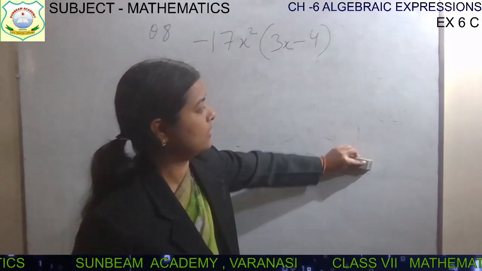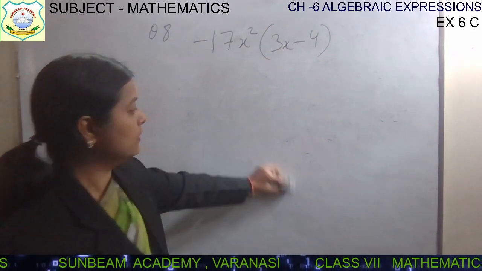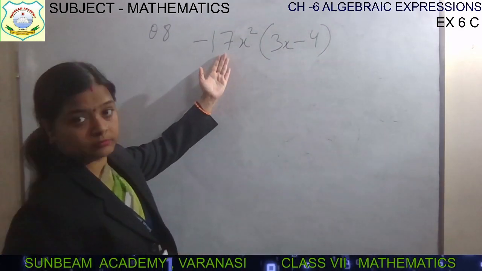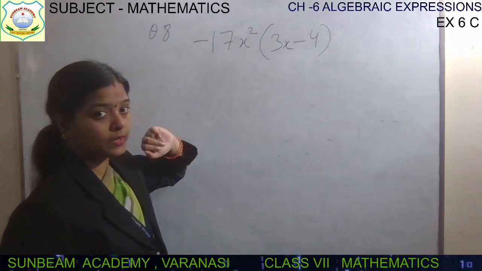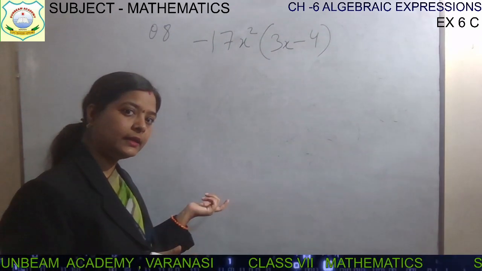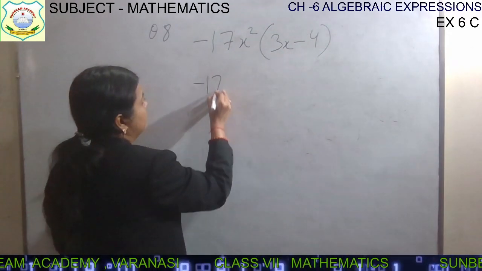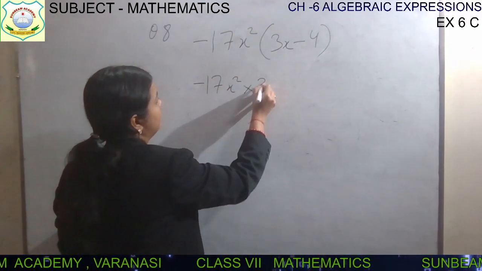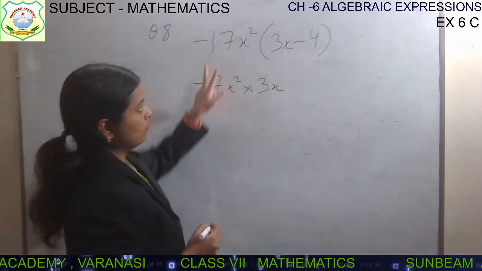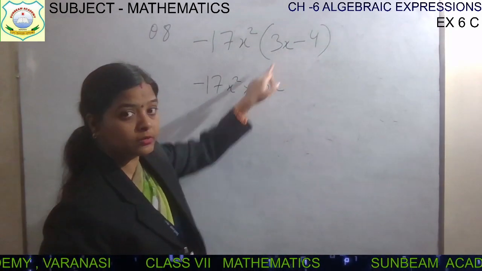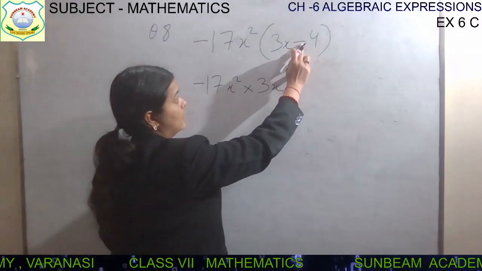Now, what do we have to do? It's a negative one, minus 17x square. So we will take the negative one and multiply it with the first term. Minus 17x square will multiply with 3x. And then what is the sign here?